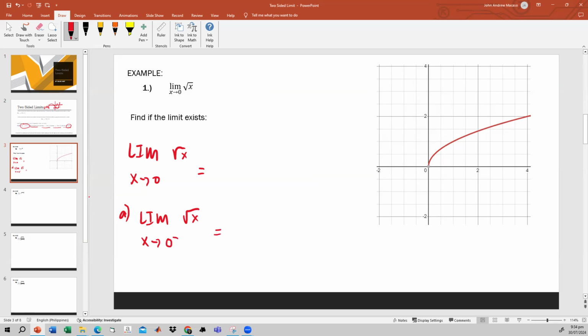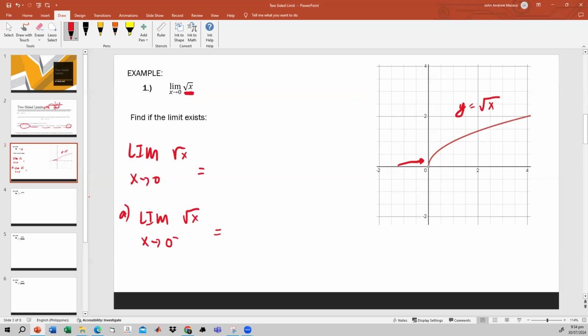In that case, class, if we try to graph square root of x using Desmos, you will see that this is basically the graph of y is equal to square root of x. And as you observe, class, checking letter A, whether the limit of the function exists as x approaches 0 from the left, you will observe that there's no graph on the left side of x.